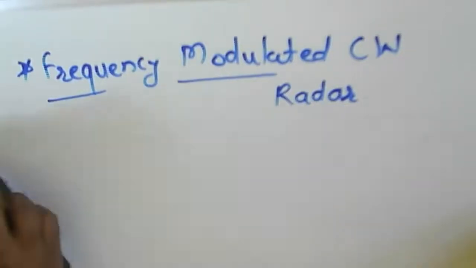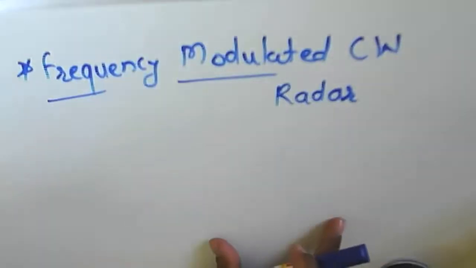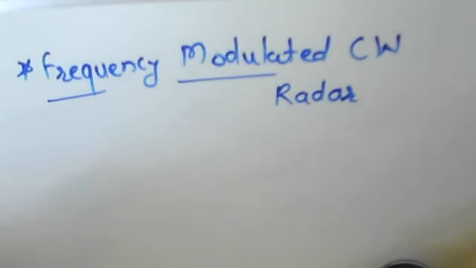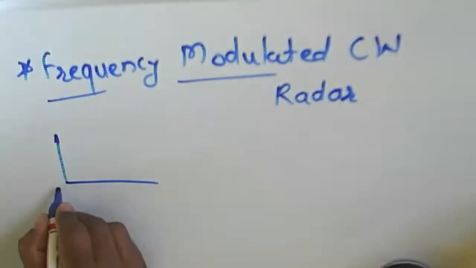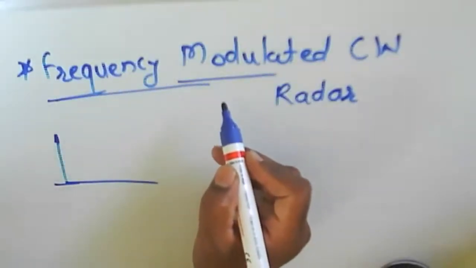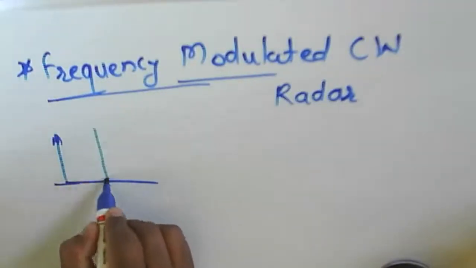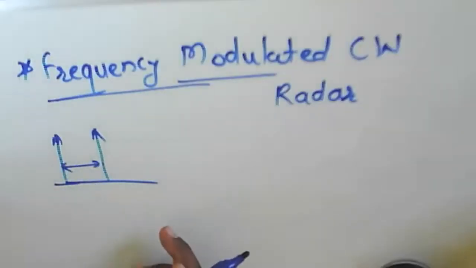We can consider a frequency modulated CW radar for improvement in wideband operation, because the transmitted signal is frequency modulated, there will be a deviation in the frequency of the transmitted signal.